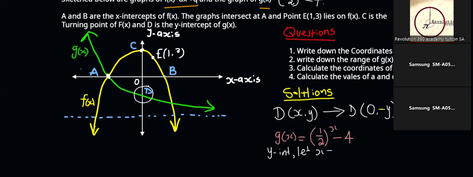So you're going to write the equation of g of x as it is. It's equal to 1 over 2 to the power of x, minus 4. Let's just write it as it is, then we're going to substitute in the next step.